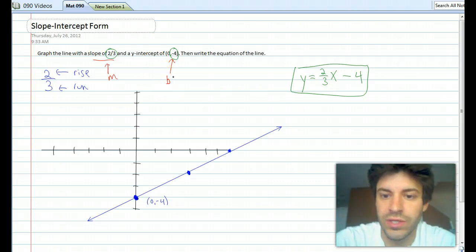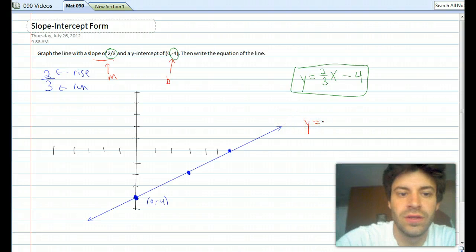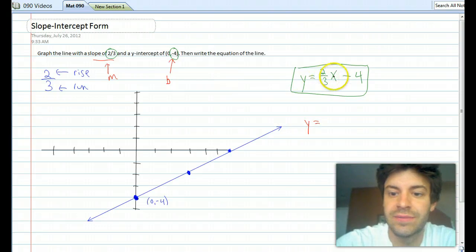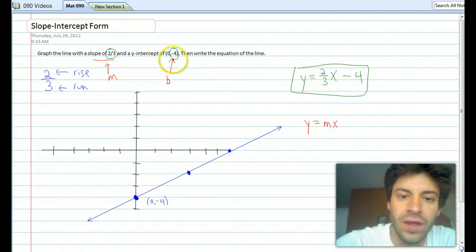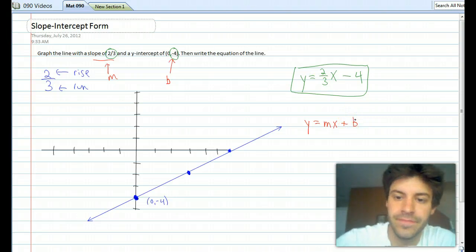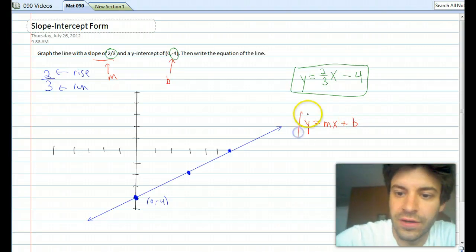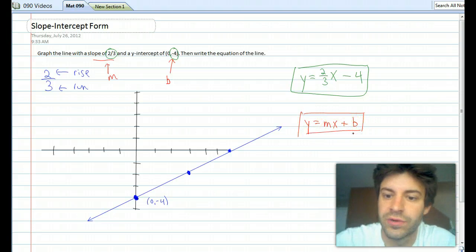What did we do to get this equation? We wrote y equals the slope times x, which is now mx, and then we added in the y value of the y-intercept. So it's going to be mx plus b. This right here is the general formula for slope-intercept form.